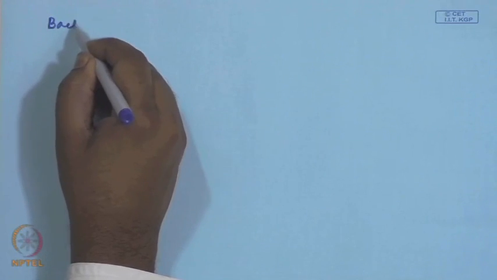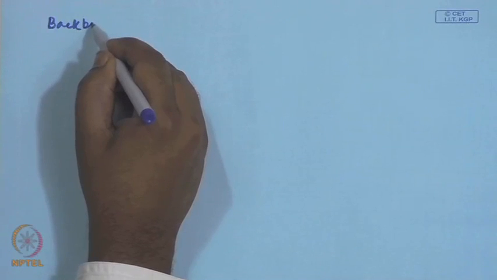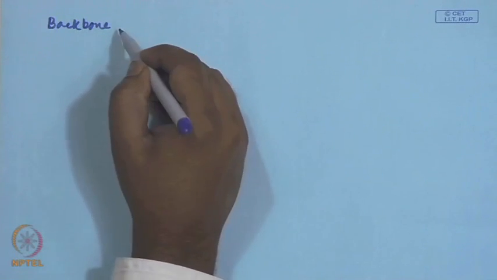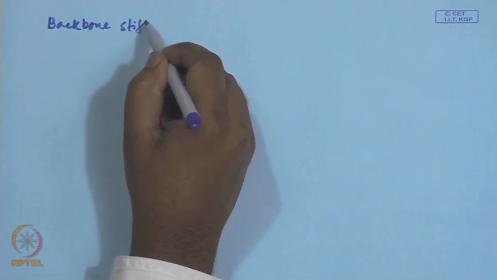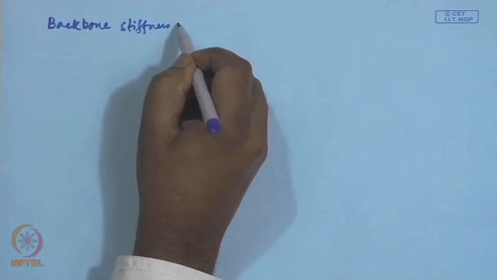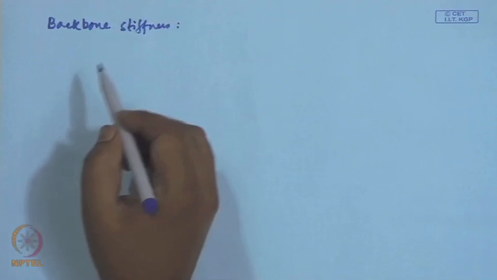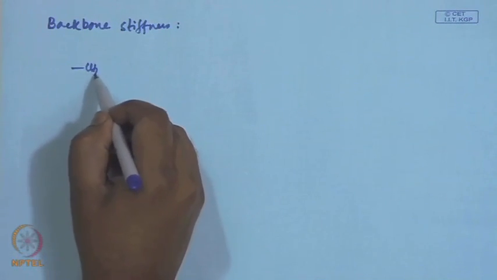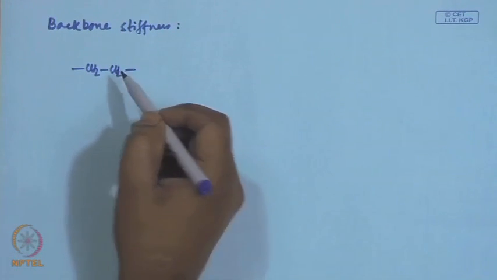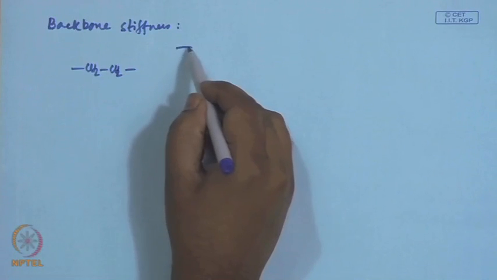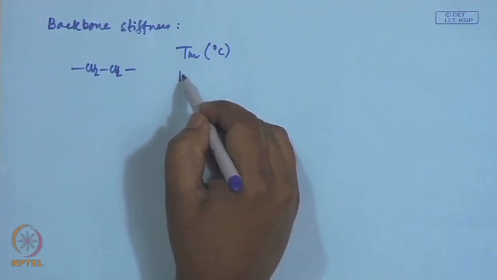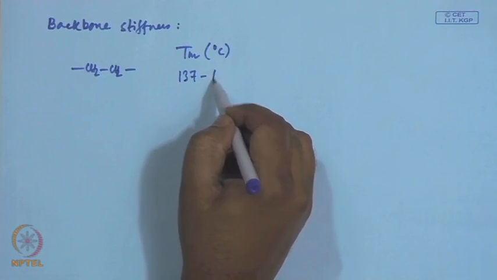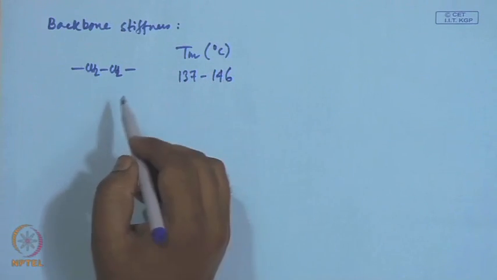Now, I will give a few examples so that we can verify this concept. So, let us talk about this example first. Polyethylene has a Tm around 137 to 146 degrees.